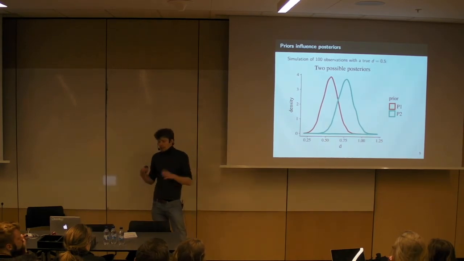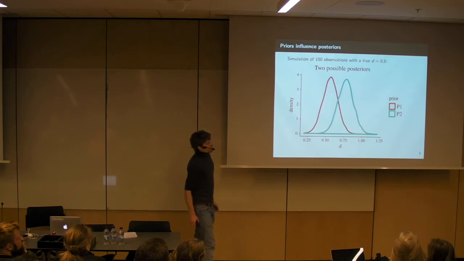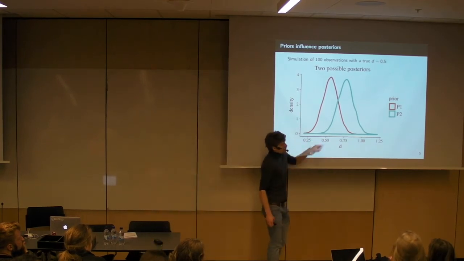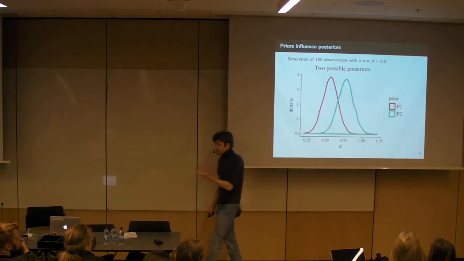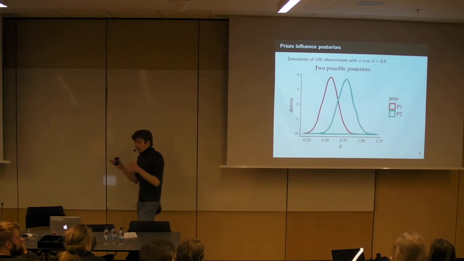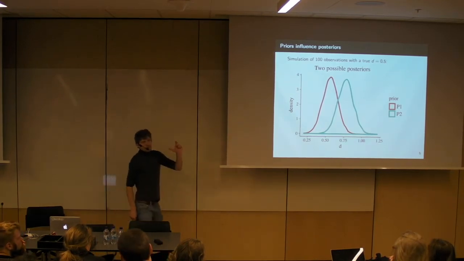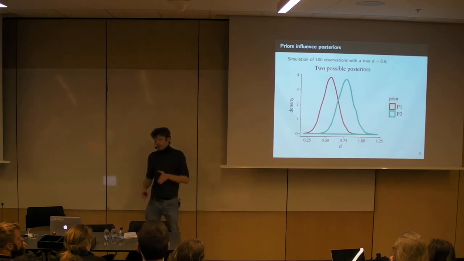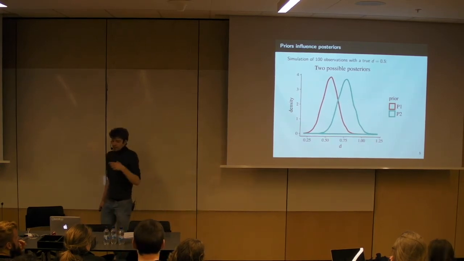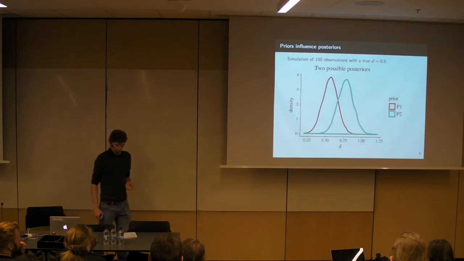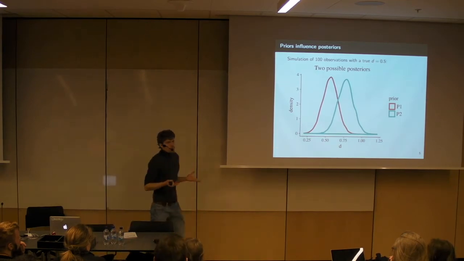So if we have few data, like 100, the influence of the prior, in this case very informative, on the posterior will be large. But as soon as we get more data as compared to the complexity of our model, the effect of our prior will vanish. So if we have an infinite amount of data as compared to the number of parameters, then we have basically no effect of the prior anymore.